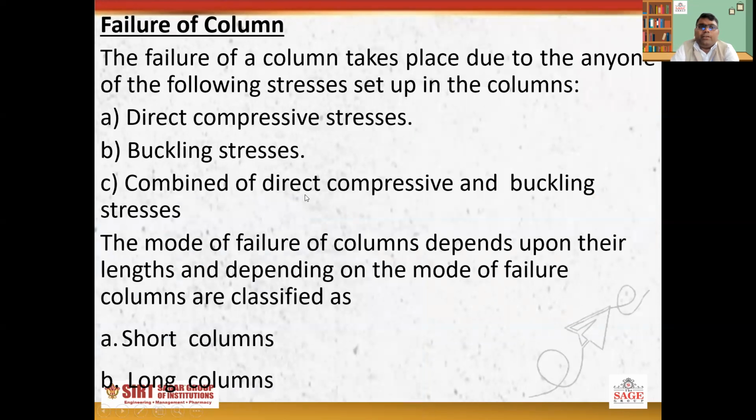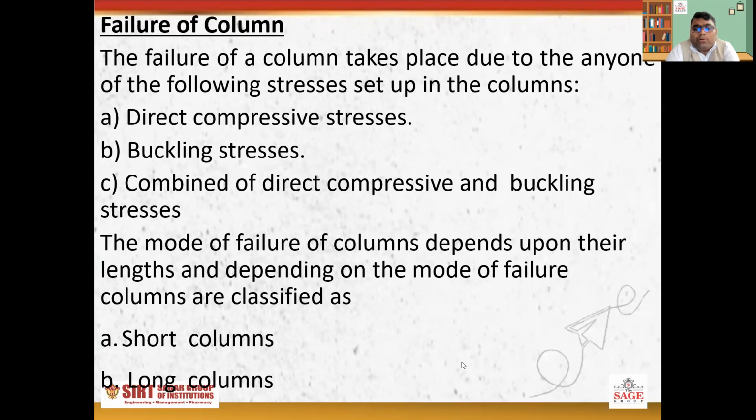The next important thing is how failure occurs in a column. The failure occurs in the column due to stresses set up in the column. The following stresses may be the reason for the failure of a strut: direct compressive stresses, buckling stresses, and a combination of direct compressive stress and buckling stresses.